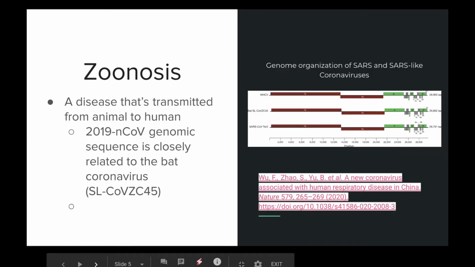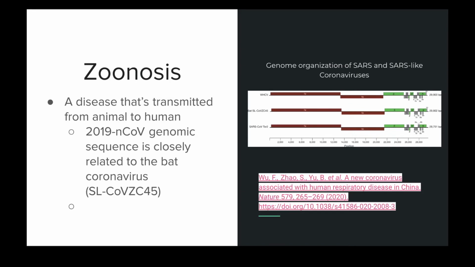So zoonosis. Zoonosis is a disease that is transmitted from animals to humans. And the 2019 novel coronavirus genomic sequence is actually closely related to the bat coronavirus, which has the genome sequence right here. So this is the genomic organization of SARS and SARS-like coronaviruses. So this is the bat coronavirus.